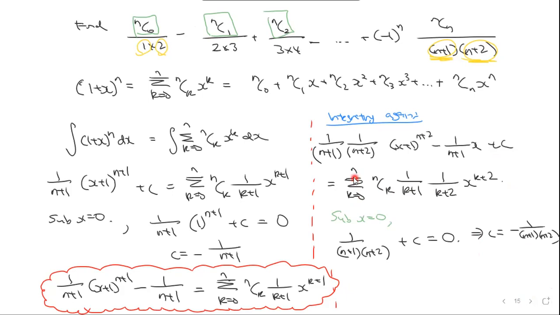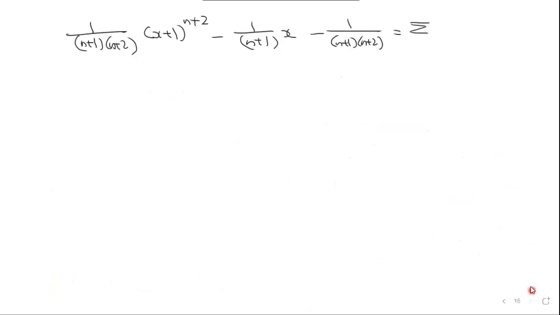The sum from k equals 0 to n, nCk, 1 over n plus k plus 1, 1 over k plus 2, x to the k plus 2. And this is the identity that we're going to use.